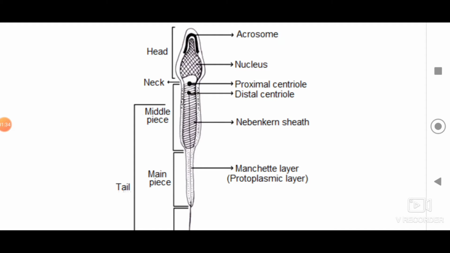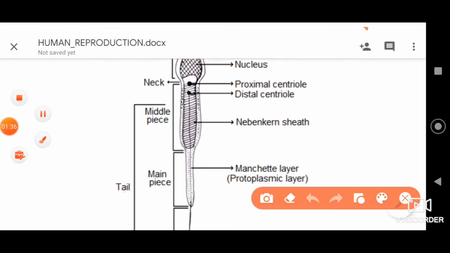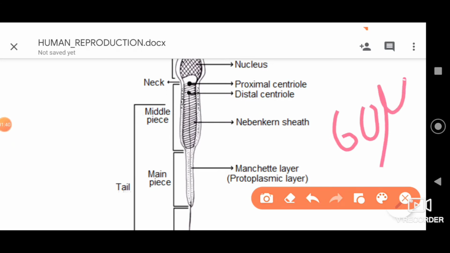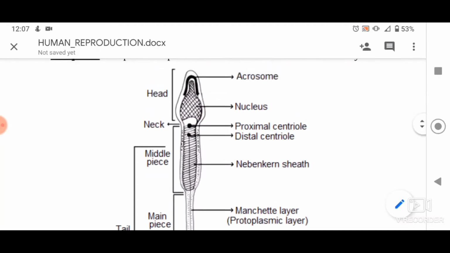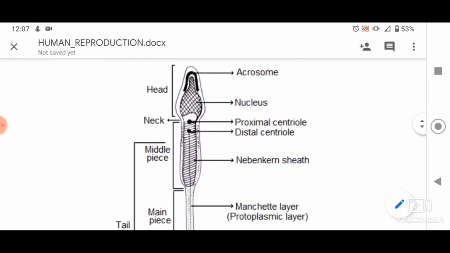So what is the measurement of these sperms? Approximately, their length is about 60 microns, my dear friends. Further, let me tell you that the sperm is divided into four distinct parts. The first one is the head.